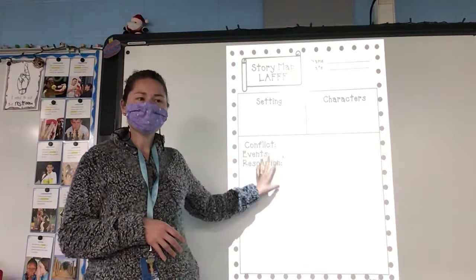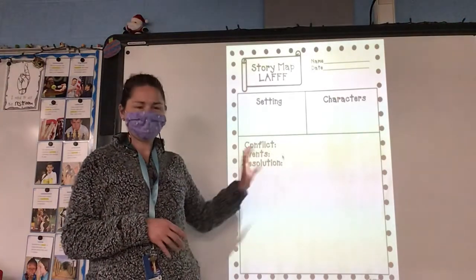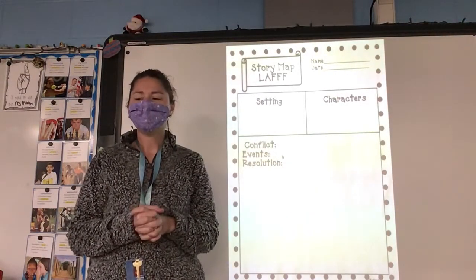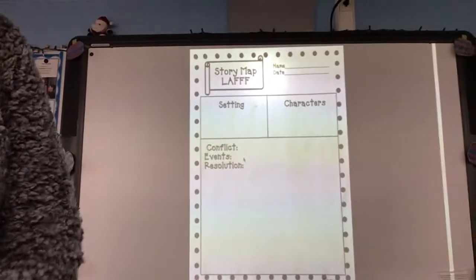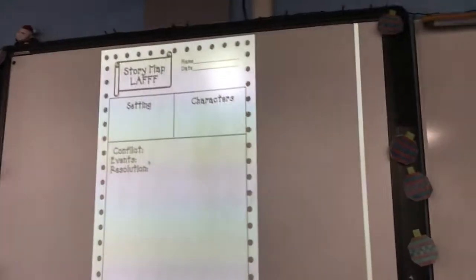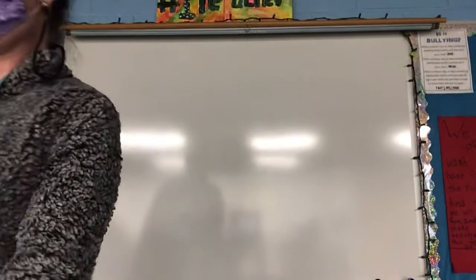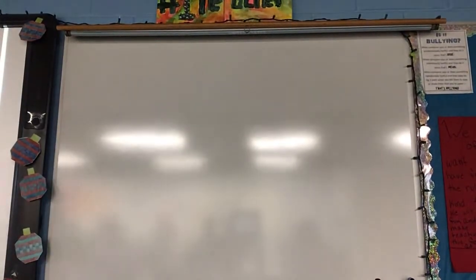Okay, so if we were to use this information to write a summary, how would we start that summary? How could we start a summary using the information in our story structure for this story?